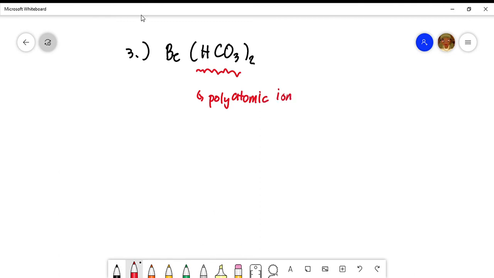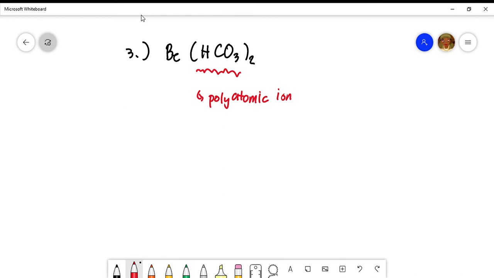So what is a polyatomic ion? Polyatomic ions are also known as molecular ions, a covalently bonded set of two or more atoms of a neutral complex that can be considered to behave as a single unit.